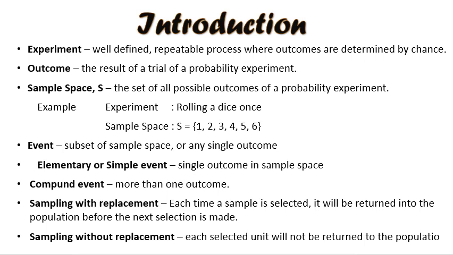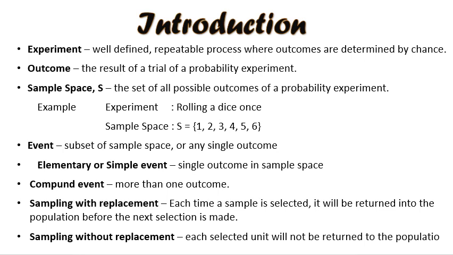Experiment is a well-defined, repeatable process where outcomes are determined by chance. It is a process of making an observation or taking a measurement. For the outcome, the result of the trial of a probability experiment.